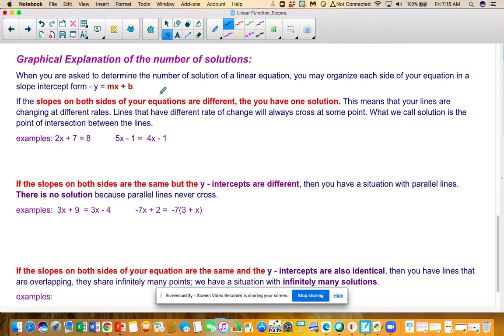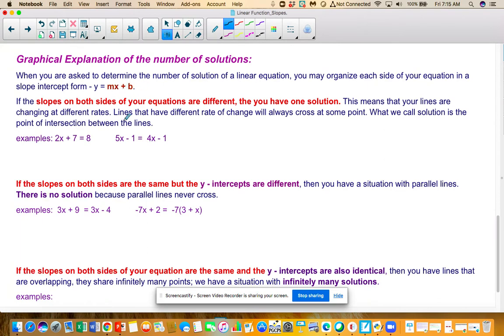We have been talking already about linear equations, and we said that they can be written in the format y equals mx plus b. I want us to focus on the mx plus b part.